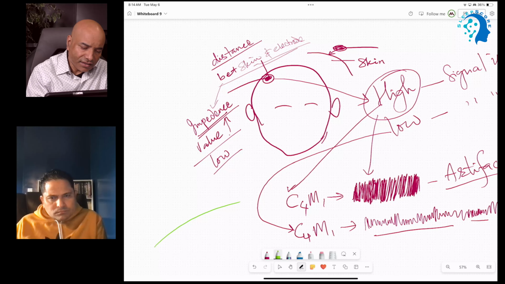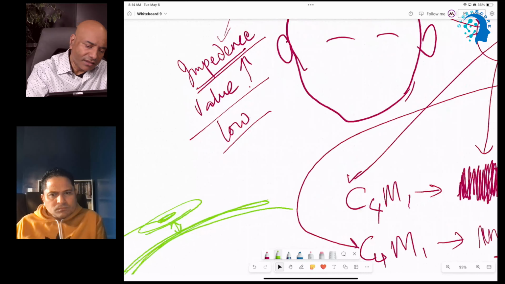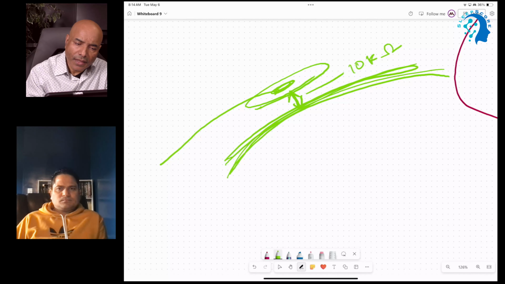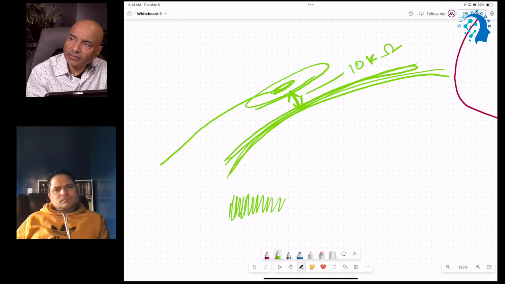Look, this is the skin, scalp, head, and this electrode is right here, and this distance, if this distance is 10 kilo ohm, then this will be not very good signal.